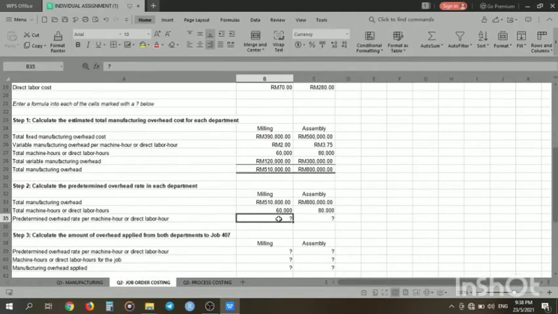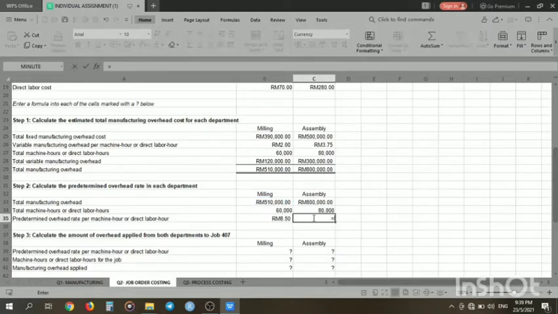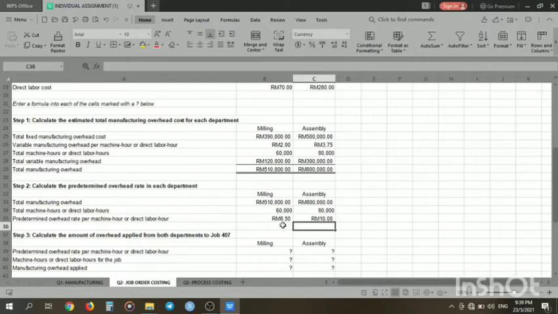To get the predetermined overhead rate per machine hour or direct labor hour, the total manufacturing overhead is divided by the total machine hours or direct labor hours. And we got the amount for milling 8 ringgit 50 cent and for assembly 10 ringgit.